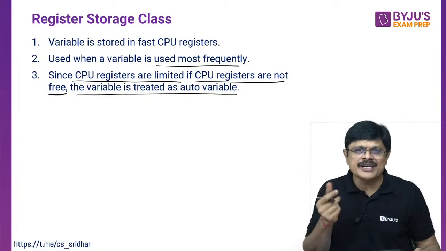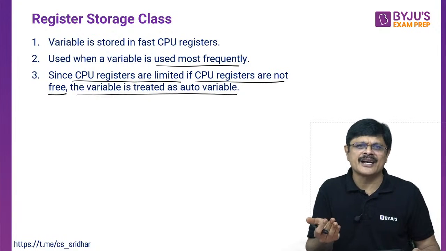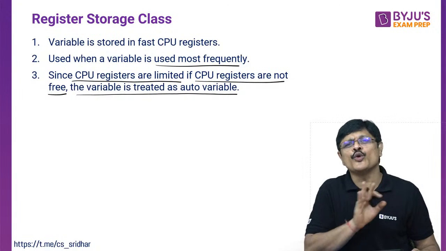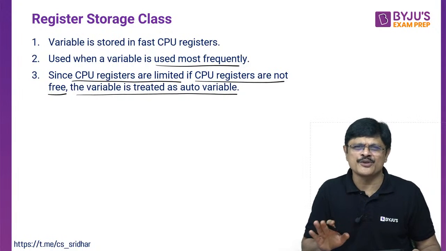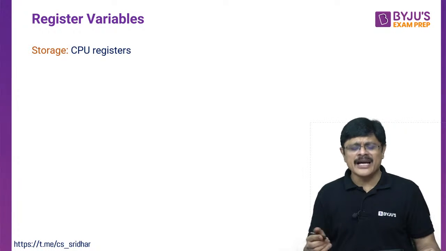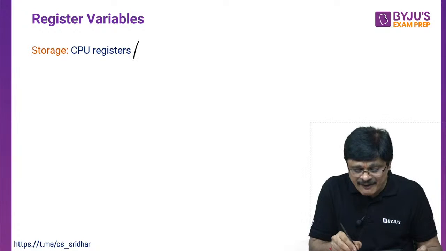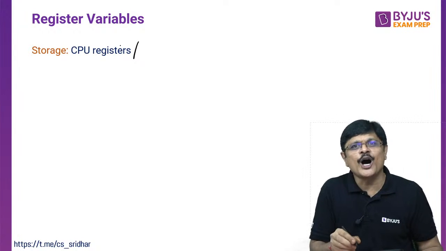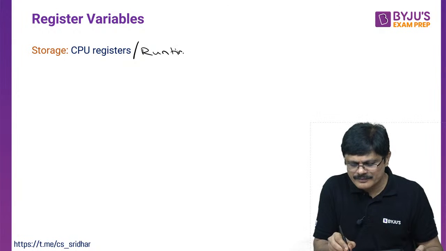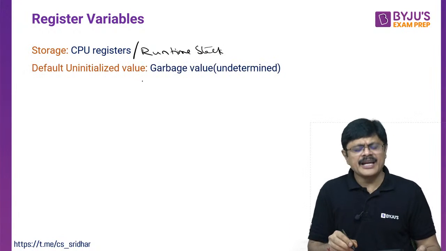Generally they mention that register is an old method; now they are not using it. So where are they stored? CPU registers; if not available, same as automatic variables, that is, the runtime stack. Default is garbage.